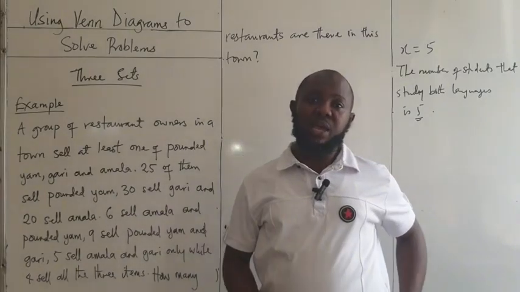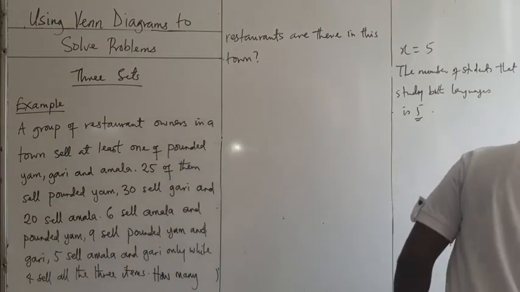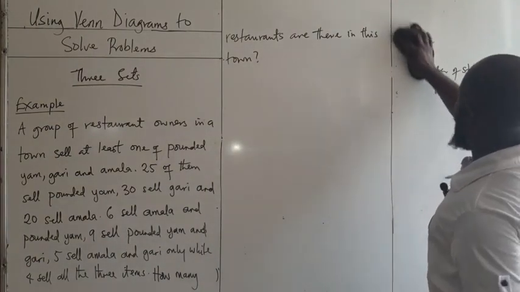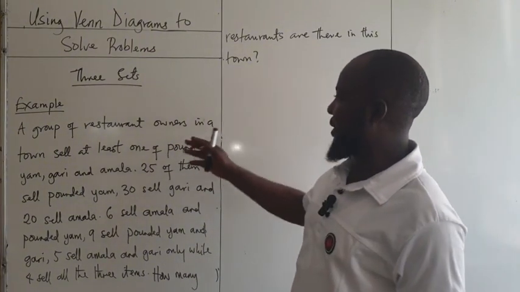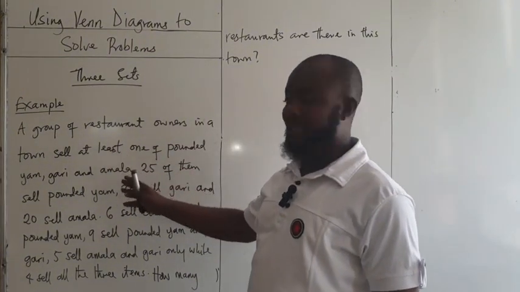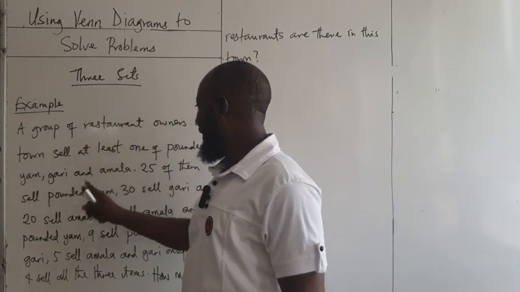So the next stage now is to look at three sets. We have looked at two sets. Now, what we have here: a group of restaurant owners in a town sell at least one of pounded yam, gari, and amala.